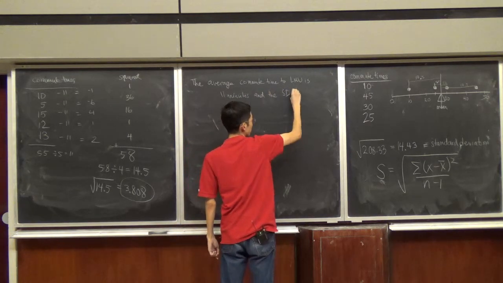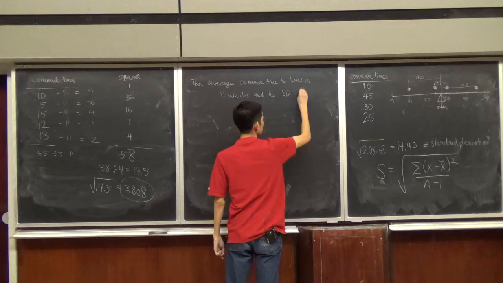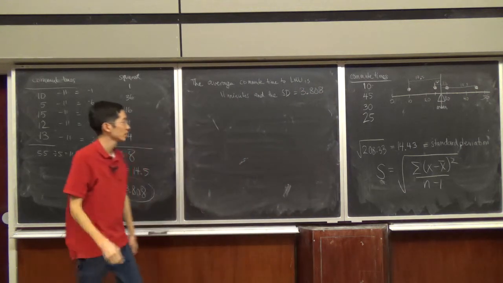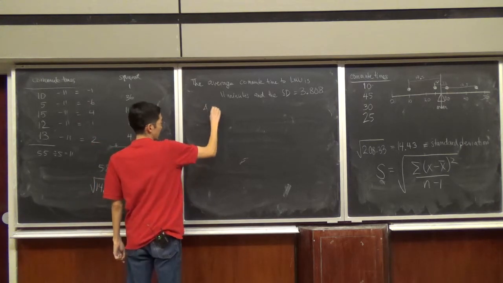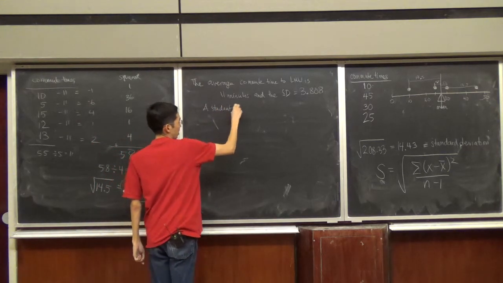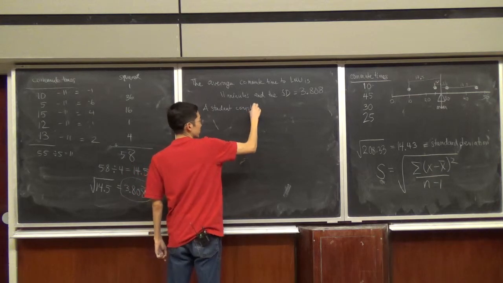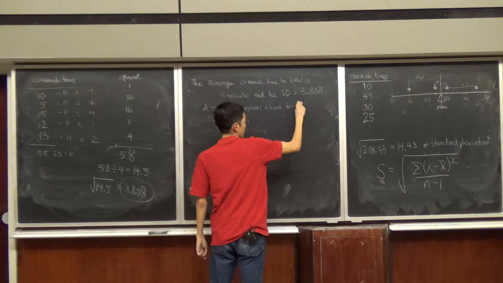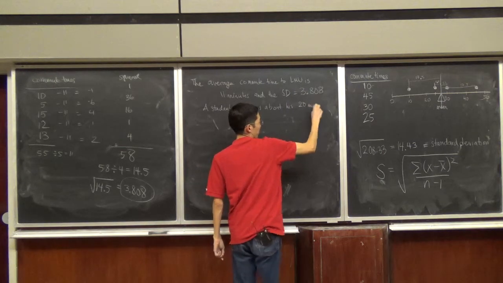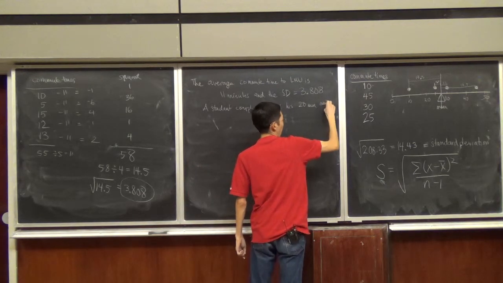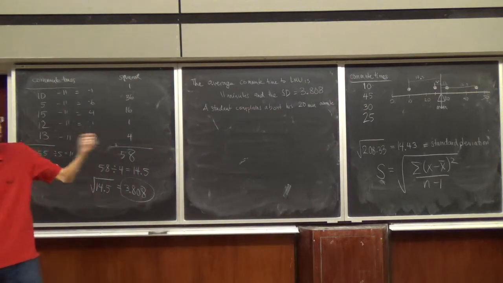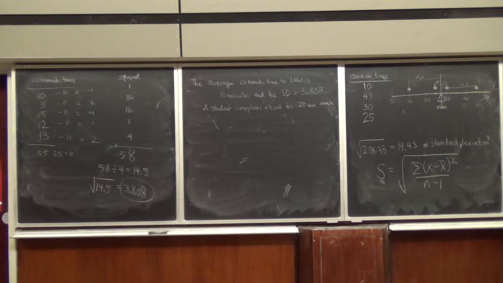And the standard deviation is equal to 3.80 minutes. Student complains about his 20-minute commute. How unusual is a 20-minute commute for LMU? Okay.